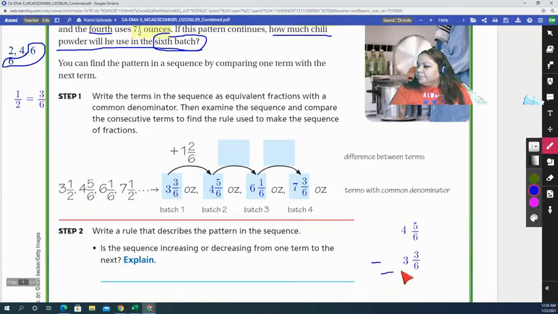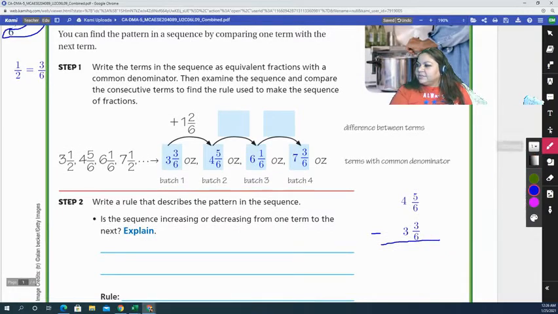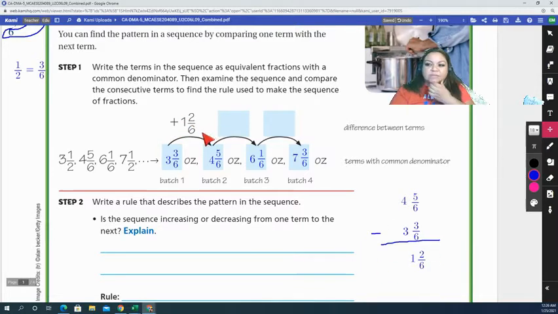So basically, 5/6 minus 3/6 is 2/6, right? And then 4 minus 3 is 1. So if you see, I got 1 and 2/6, which they already gave to me.